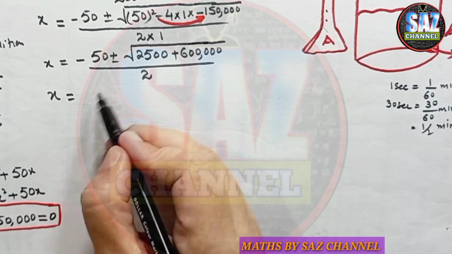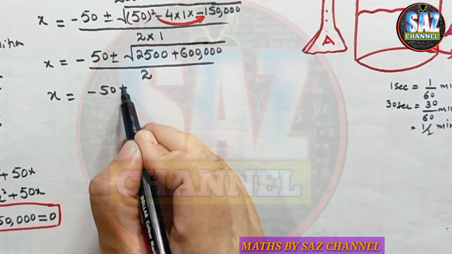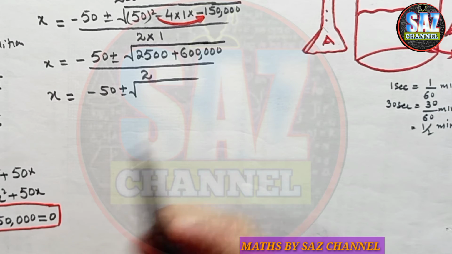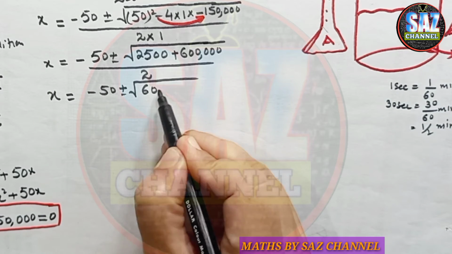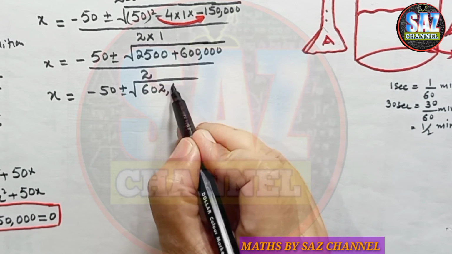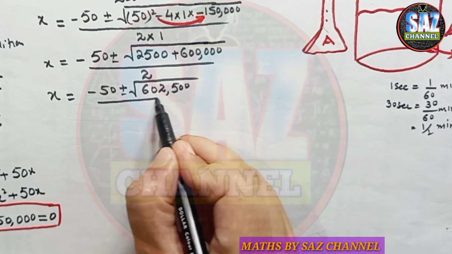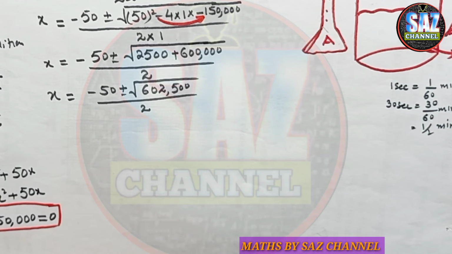Carefully add up: 2500 plus 600,000 equals 602,500 upon 2. Now take the square root of this number, the square root of 602,500, close the bracket, and this is 776.